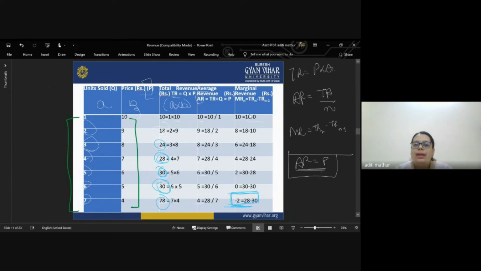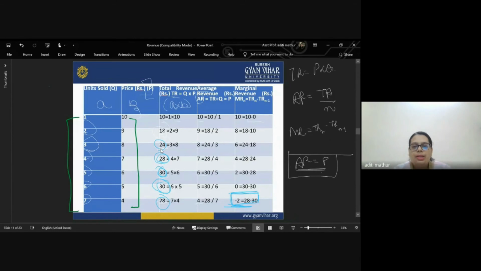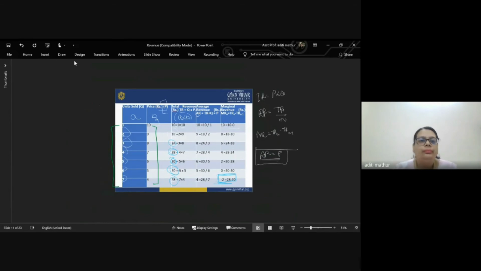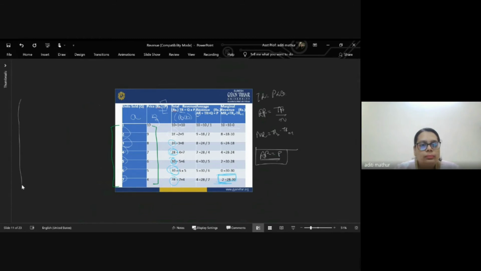Right? So now let us understand the curves. Let me teach you how we draw the curves. Your AR will be like this. Your MR goes like this. And your TR goes like this.